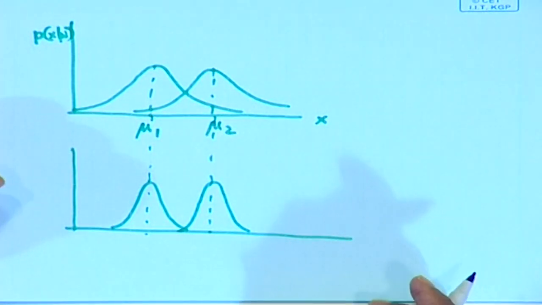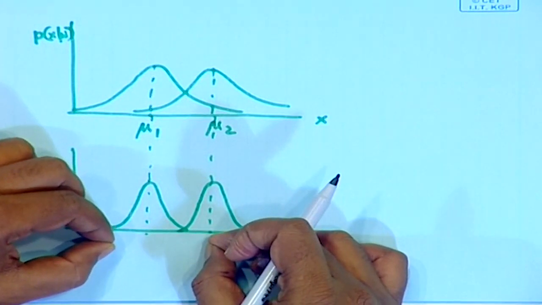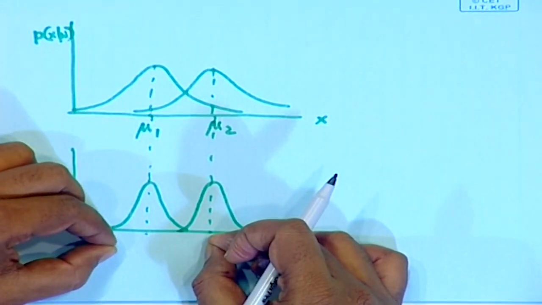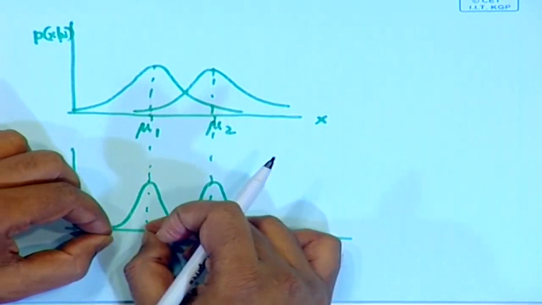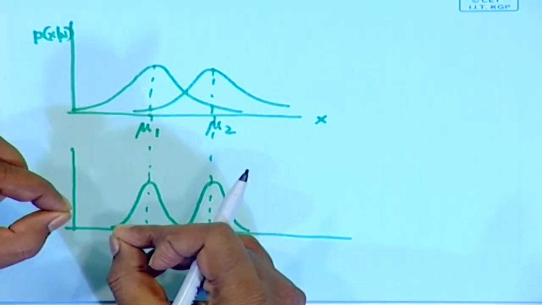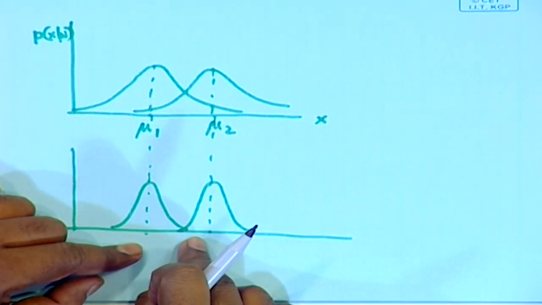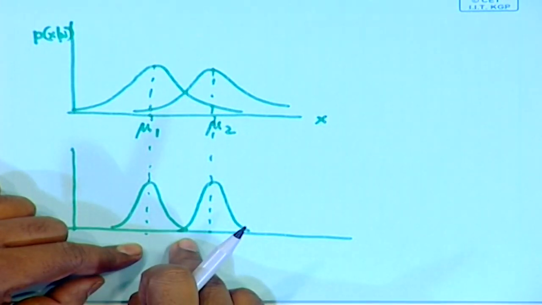You find that the distance between the means mu1 and mu2 remains the same, but the within class scatter, or the variance of the samples belonging to the same class, is reduced. Then also my classification will be better, that is, the error rate will be less.